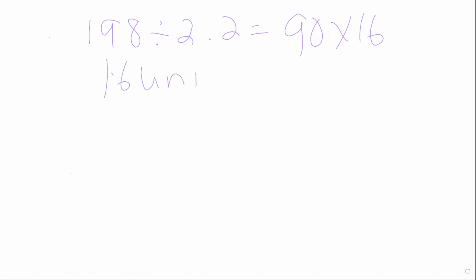All right, so we have 198 divided by our 2.2. Sorry, my calculator disappeared into space. All right, so that gave me 90. Okay. And now I have to multiply that times my 16 because our order is 16 units per kilogram per hour.